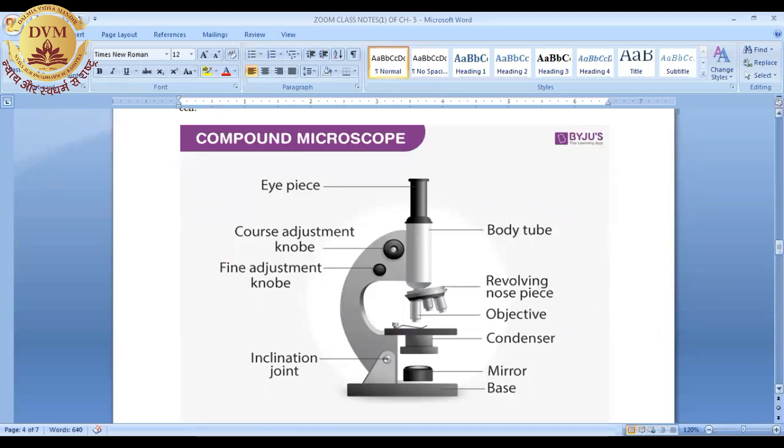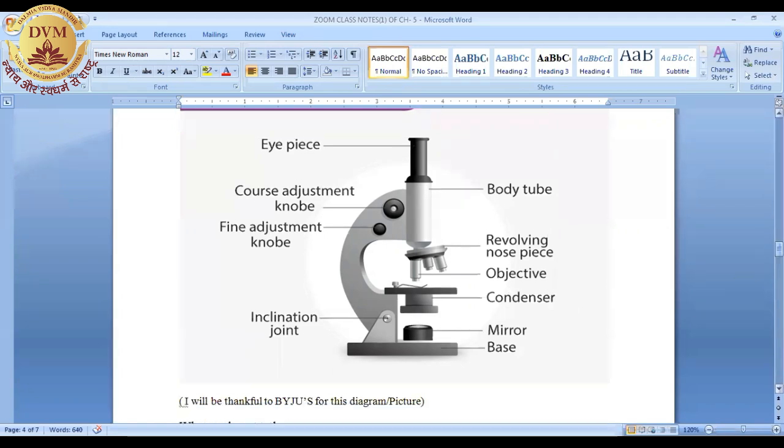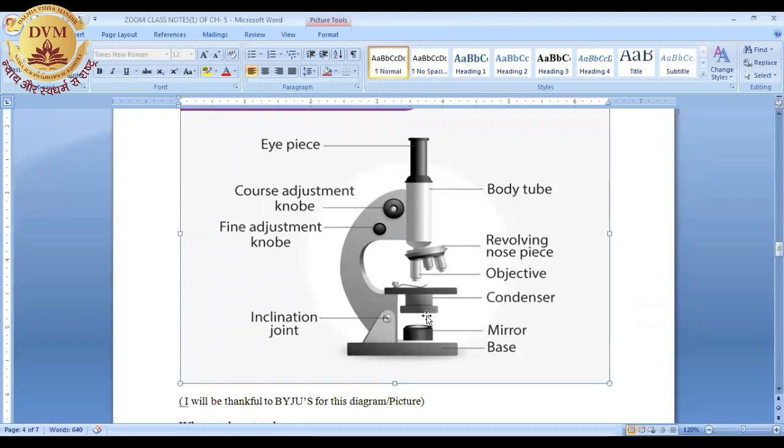But right now I only have a picture of this compound microscope for you. And for this picture, I would really like to thank Byju's, because I have taken this image from there, right?